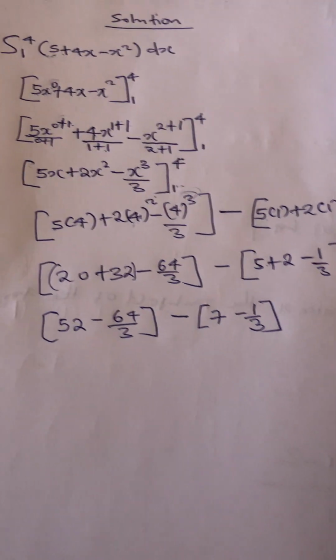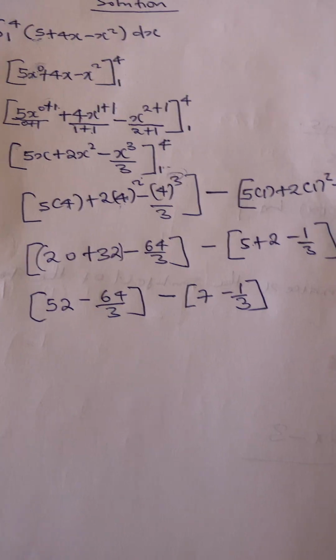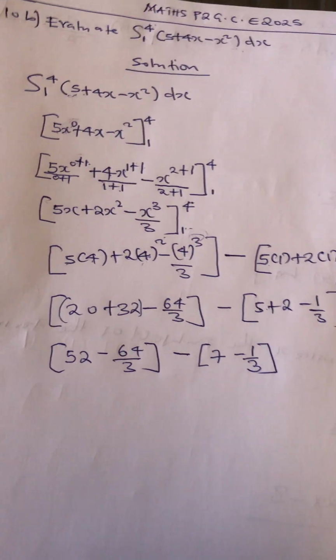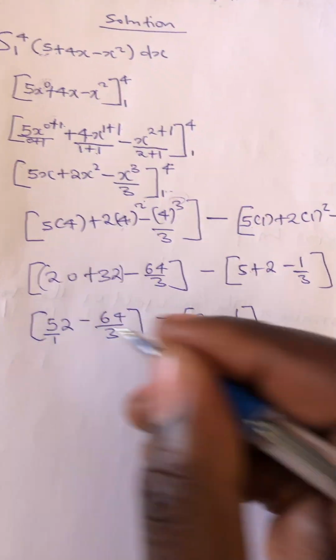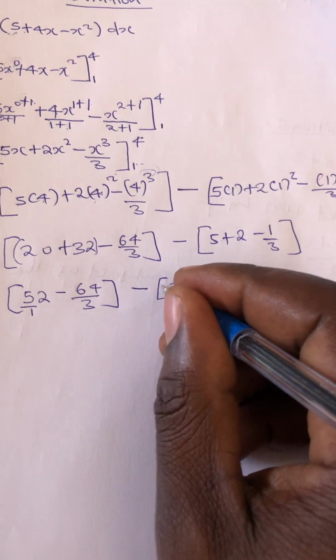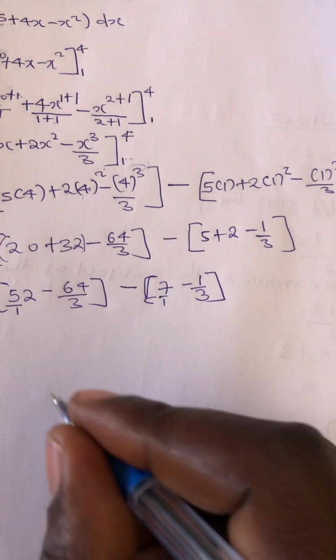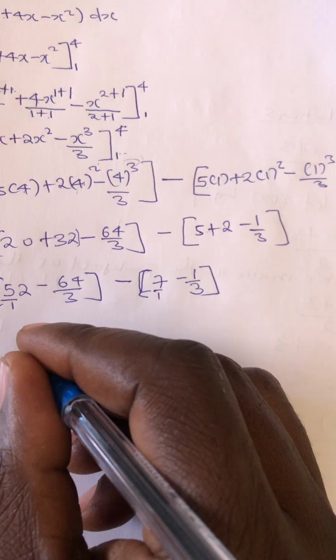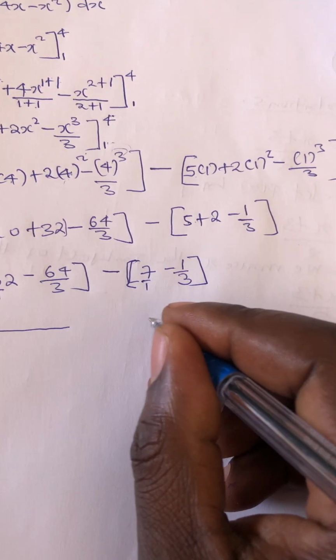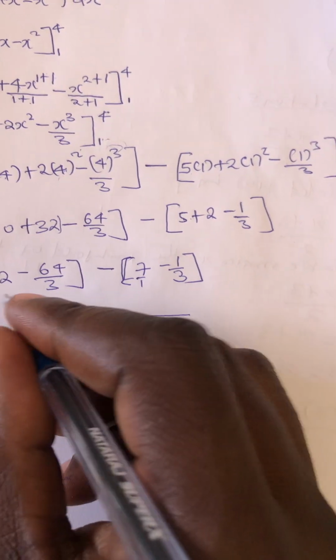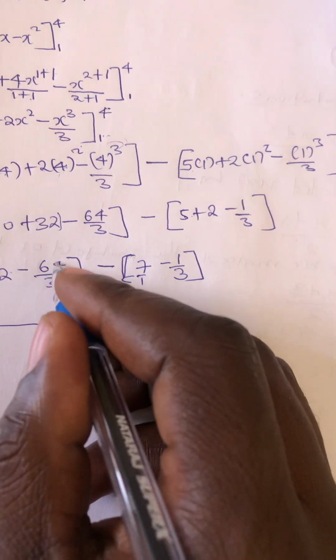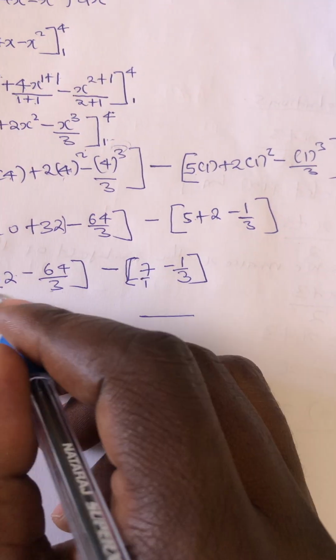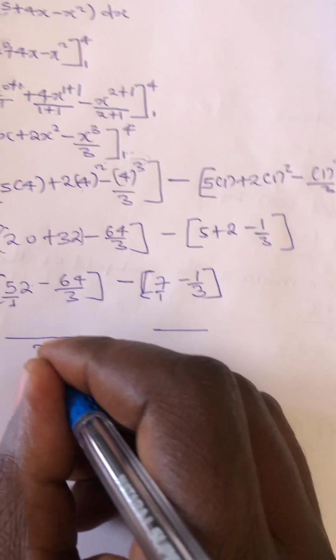Now this is simply subtraction of fractions. So 52 over 1 minus 64 over 3. The common denominator here is 3.